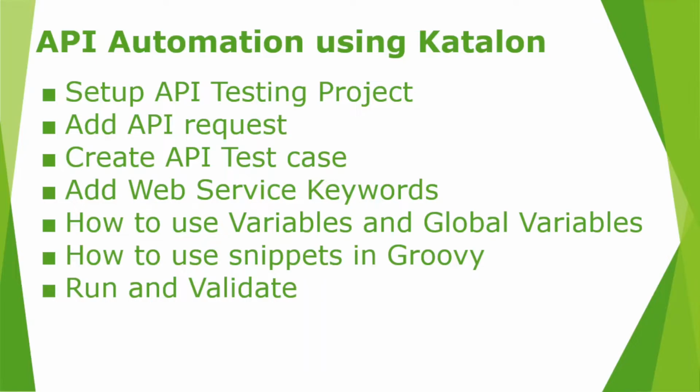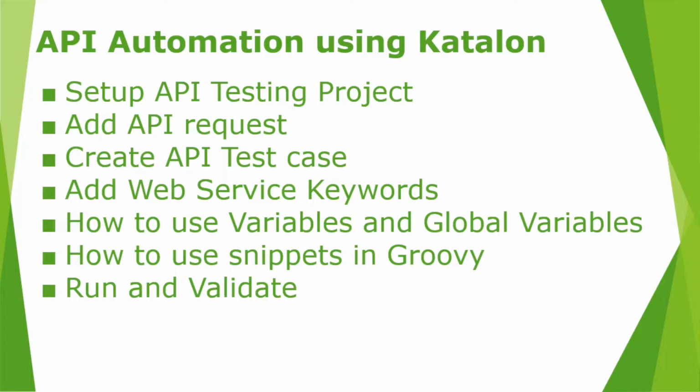And also, we will be adding the API request in the object repository. When compared to web UI automation, in web UI automation we generally add all the objects to the object repository. But in an API project, while automating the test cases, we need to add the API requests that you want to automate in the object repository.